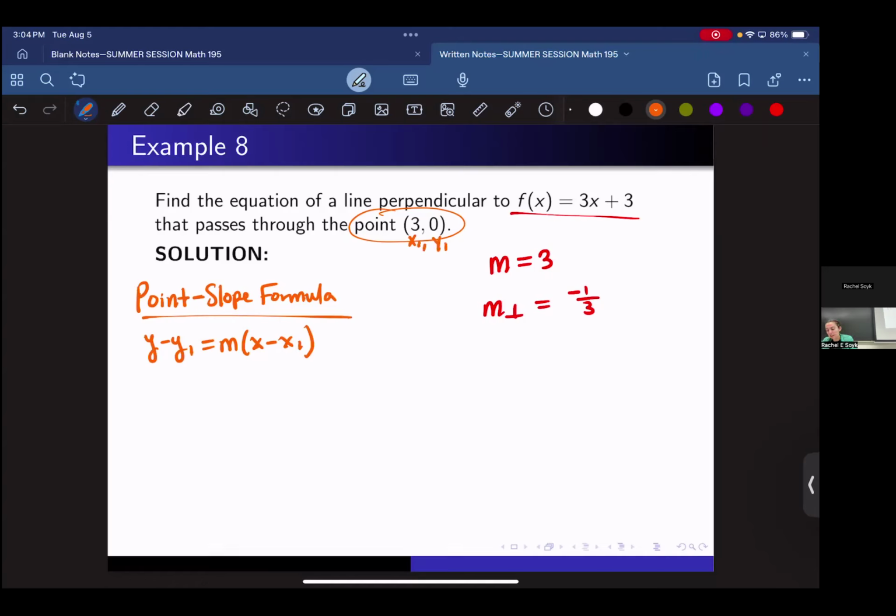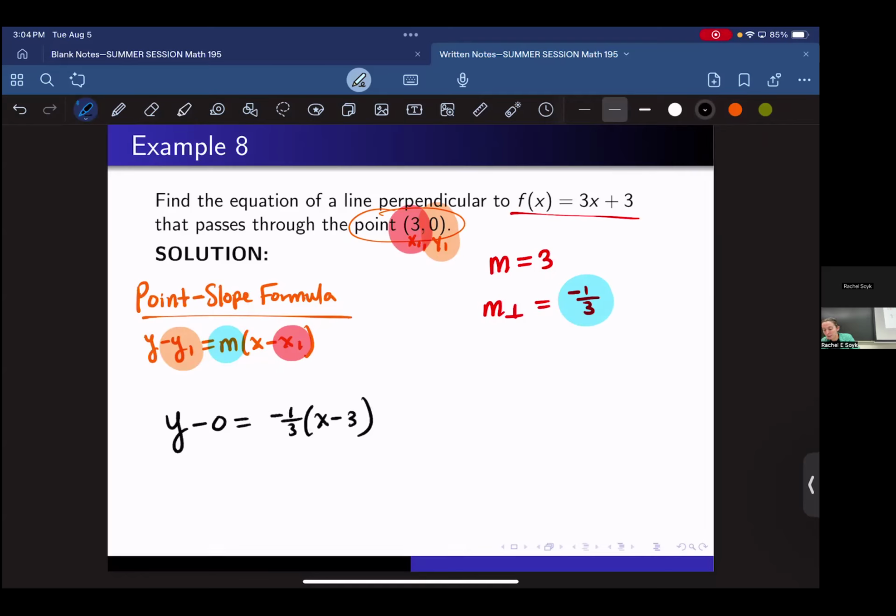So you just plug in all of the information, and I'll color code, right? This is going to be our slope here. This is going to be our x1, and then this is going to be our y1. So we end up getting y minus 0 is equal to negative 1/3 (x minus 3). Can you simplify? Yeah, this is just the same as negative 1/3 x minus 3.